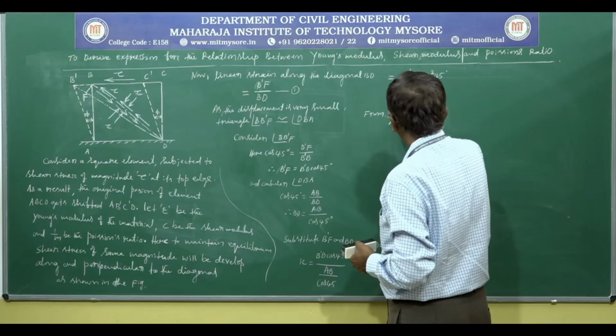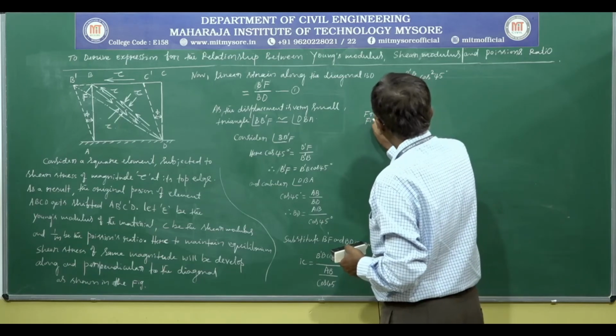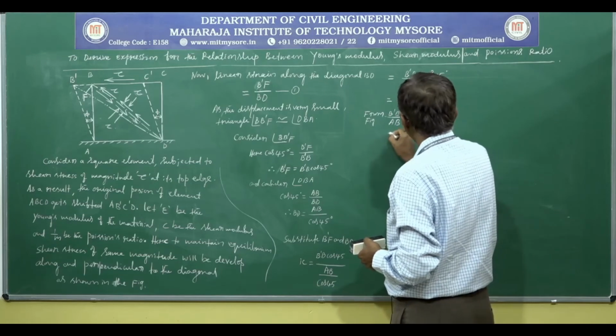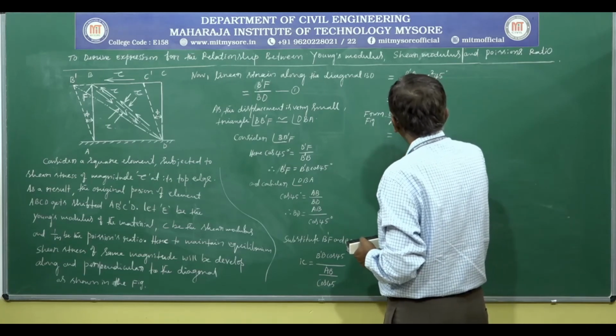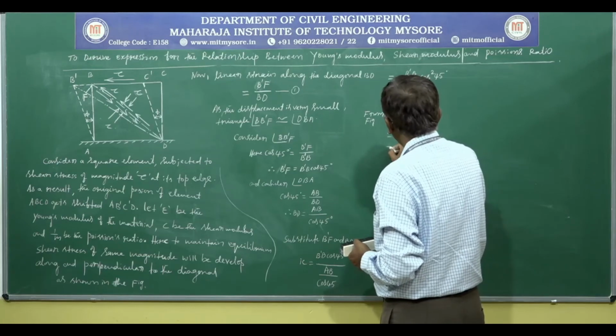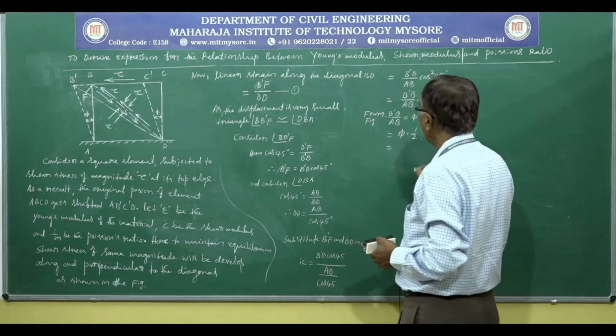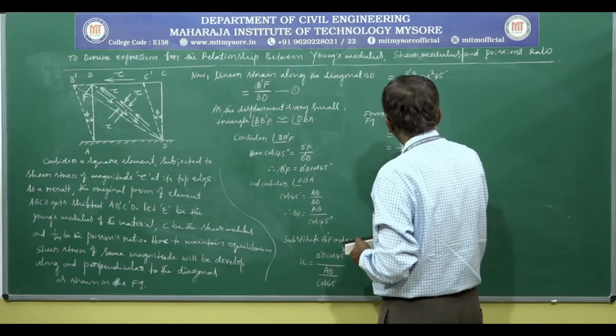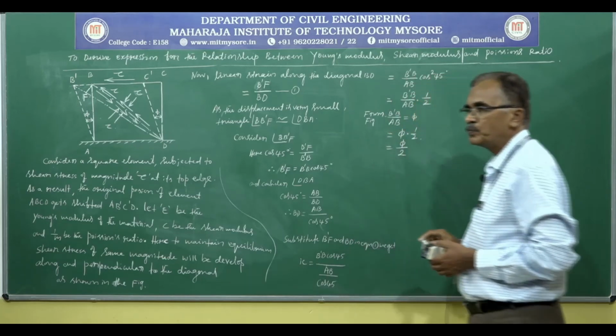So from the figure, B'B divided by AB is equal to phi. Therefore, B'B divided by AB is phi into 1 over 2. So the linear strain along the diagonal is equal to phi by 2.